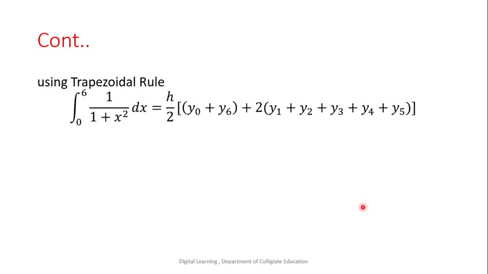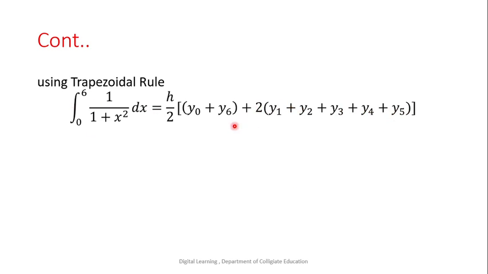Now write down the trapezoidal rule formula. Integral from 0 to 6 of 1 divided by 1 plus x square dx is equal to h by 2 times the extreme values y0 plus y6 plus 2 times y1 plus y2 plus y3 plus y4 plus y5.